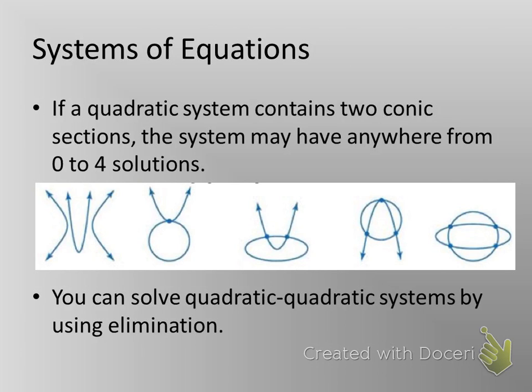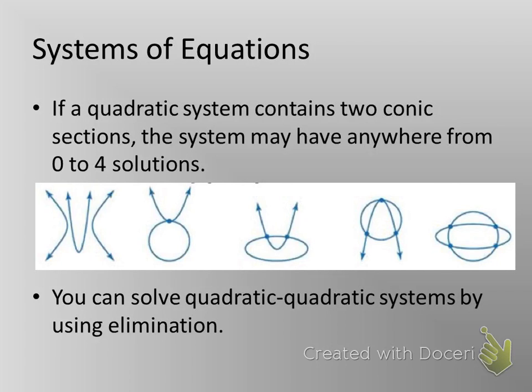Moving on. All right, let's get a little nastier. This is where you can have anything, and I mean anything. It could be 2 ellipses, it could be a circle and a parabola, it could be a parabola and an ellipse, it could be a hyperbola and a parabola. Which means your solution set ranges anywhere between 0 to 4. You could have 0 points that intersect, you could have 4 points that intersect.